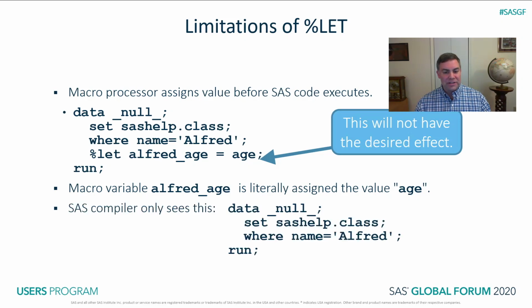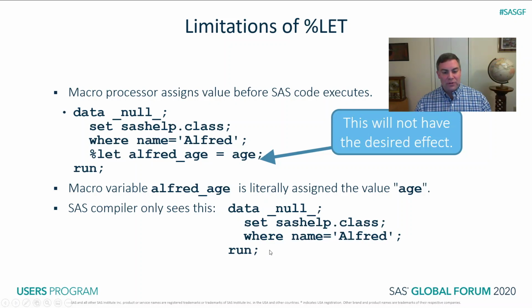And so it assigns that macro variable, and then it gets to run, and then sends all the rest of this code down to SAS, and all the SAS compiler sees is data _null_; set sashelp.class where name equals Alfred; run. That's it.